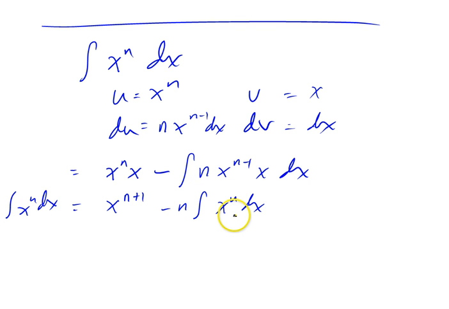All right, let me take this, subtract it over the other side. I got the integral of n x to the n dx equals x to the n plus 1. Whoops, I'm going to add this over the other side. So I've got plus n times the integral of x to the n dx equals x to the n plus 1.